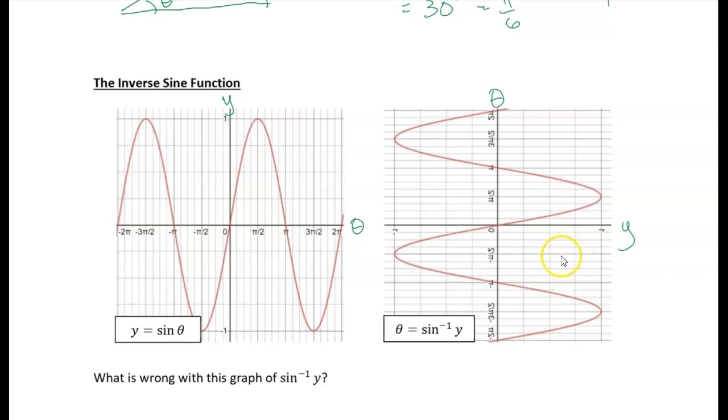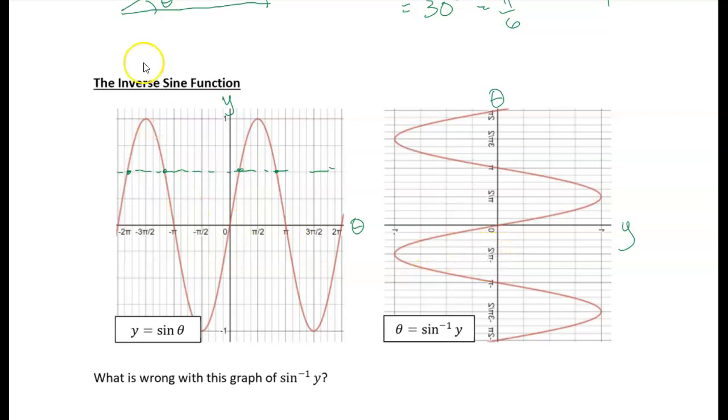But we have the same problem, right? If I look at a sine value of 1/2, I have more than one angle that has that sine value. In fact, if I let this sine function go on and on forever, I've got an infinite number of angles that have that same sine value. But in order to be a function, every input has to have a unique output, right?